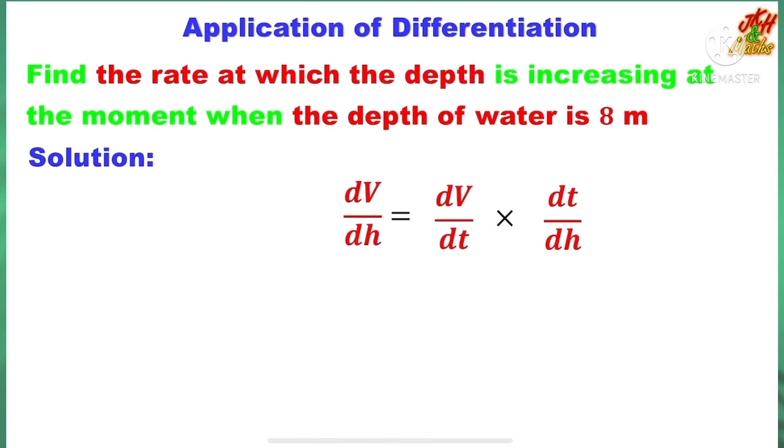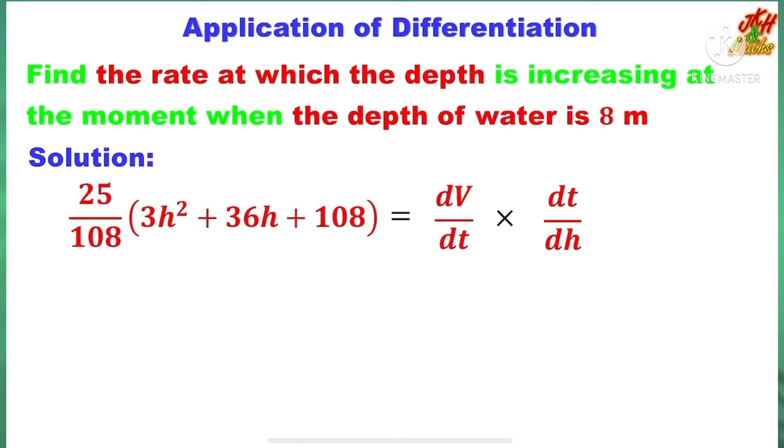Then, by substituting the value of dV/dh, which is equal to 25π/108 in the bracket 3h² + 36h + 108, and substituting the value of dV/dt, which is information given in the question, equal to 1/2.